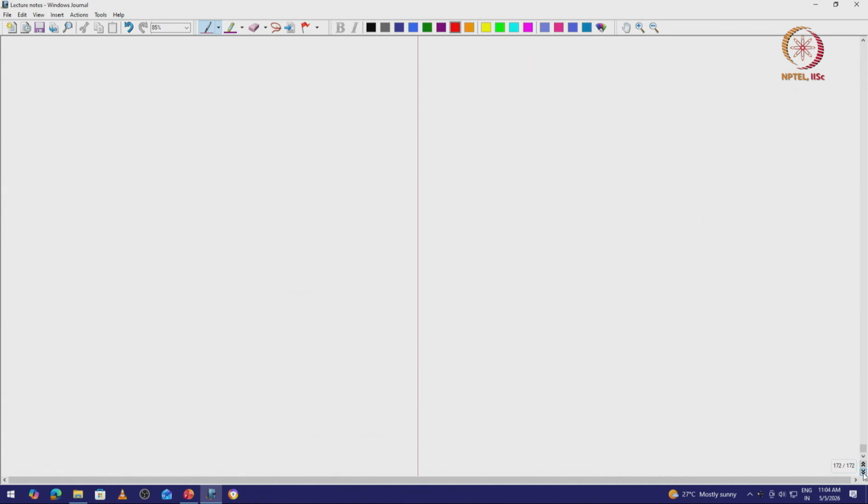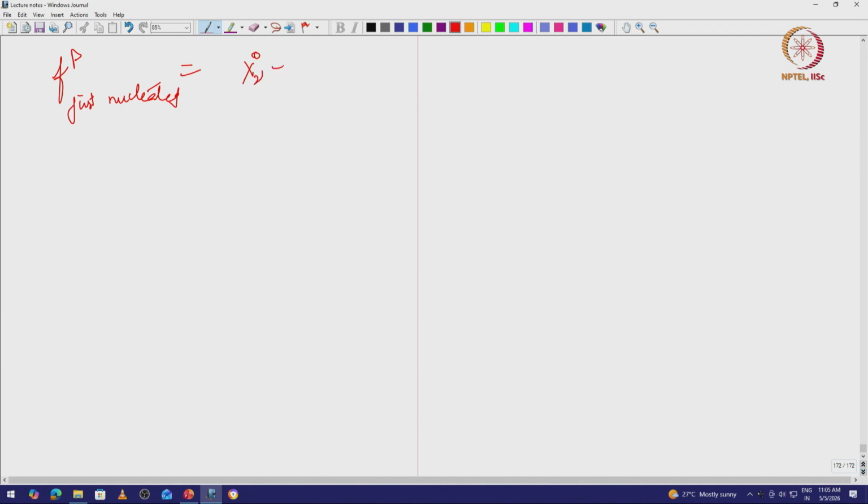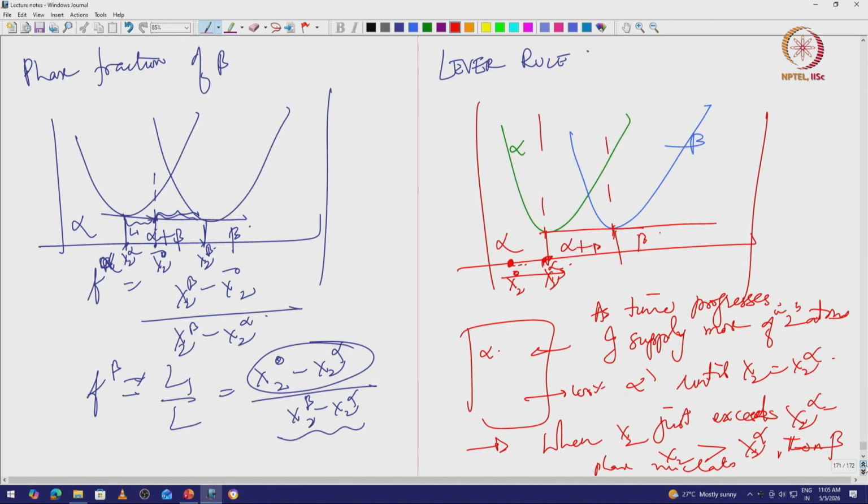And then say fraction of beta phase that just gets nucleated is x2 0 minus x2 alpha. This x2 0 is different from that x2 0, right. So I start with a composition of x2 1, let us say.